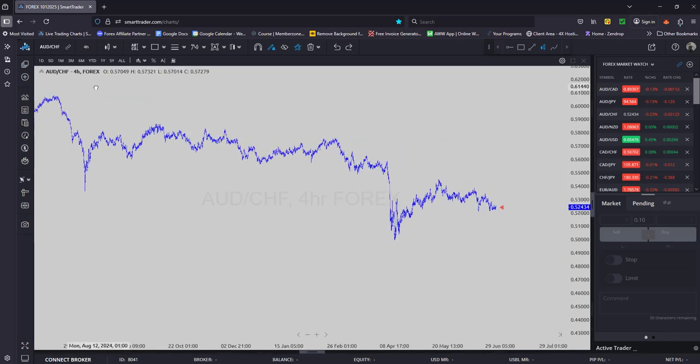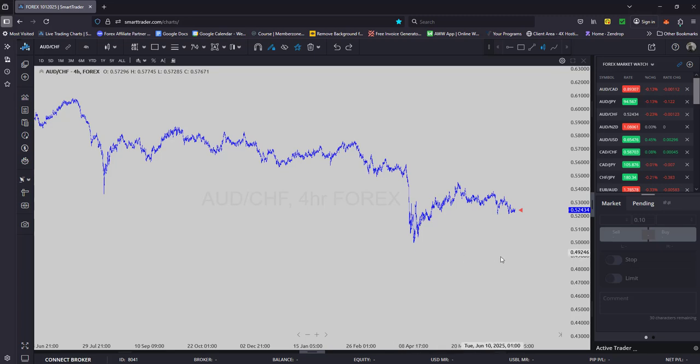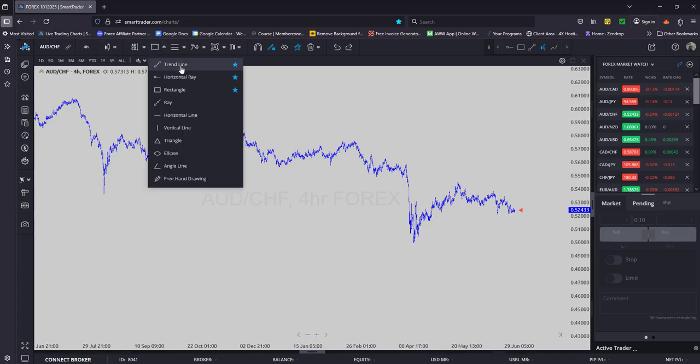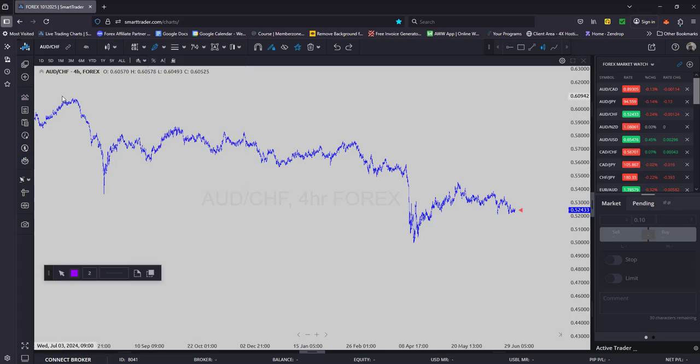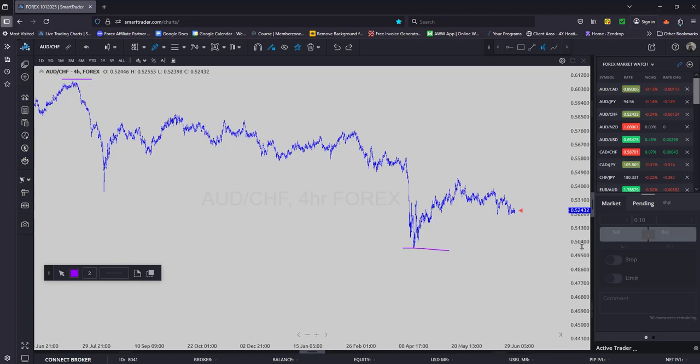Based on the information in front of us, if we start at this level here, we could see that we were from this high point here to this low point. That's the lowest point. We're basically making lower lows and lower highs. We pushed down, corrected, worked our way down, corrected, and this is where we're at. So based on where we're at, I can see that we're on our way down to potentially make a lower low than this low.